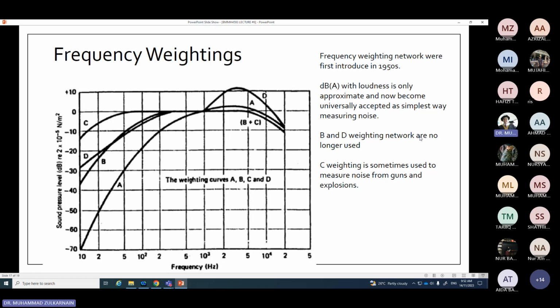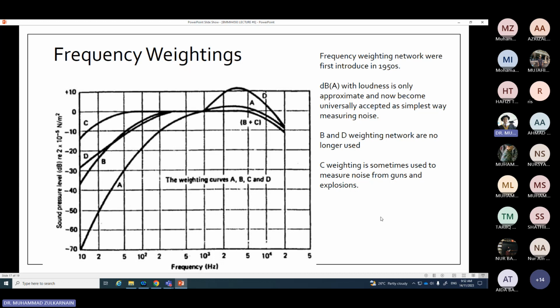And then for the A level, we can go to the B. B and D weighting networks are no longer used, because we don't want to implement them anymore for human comfort.